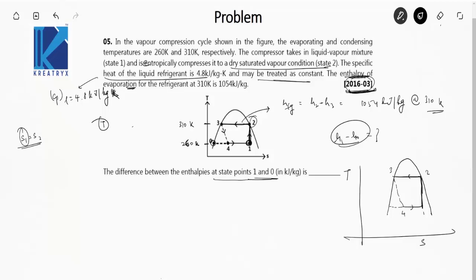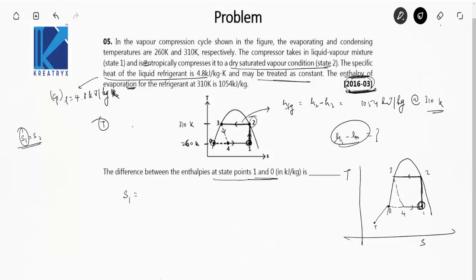This point is 0. Let's take a reference temperature T. Can I find S1, because now I have the reference temperature T? Can I find the entropy at point 1? Yes, I can.